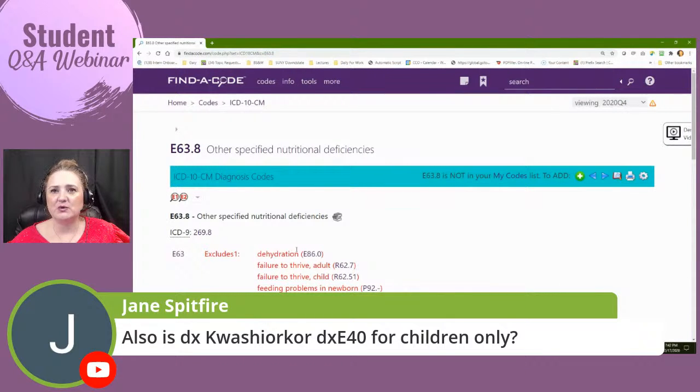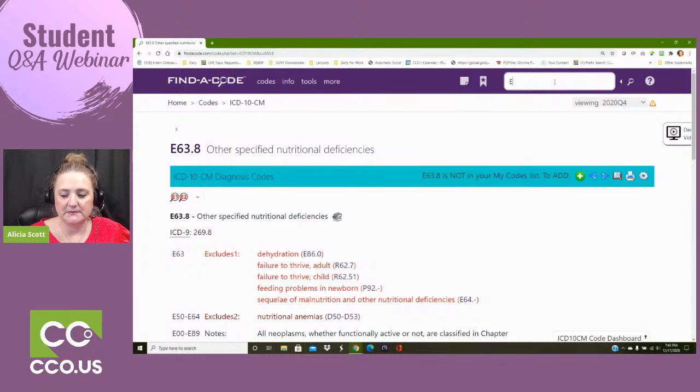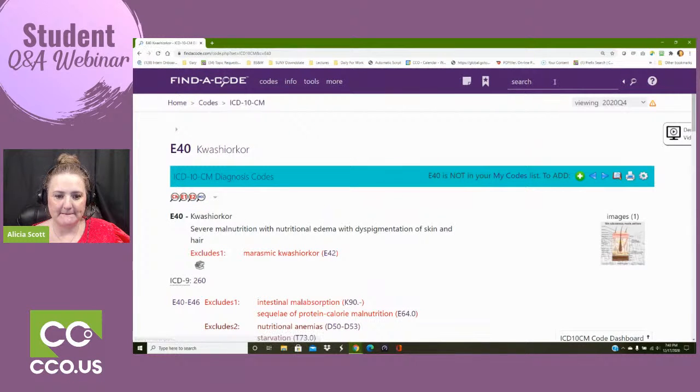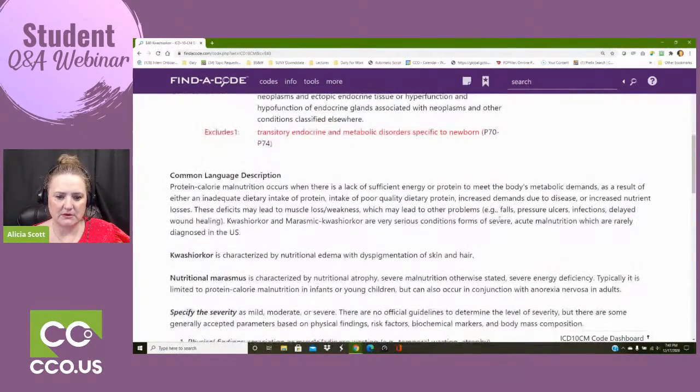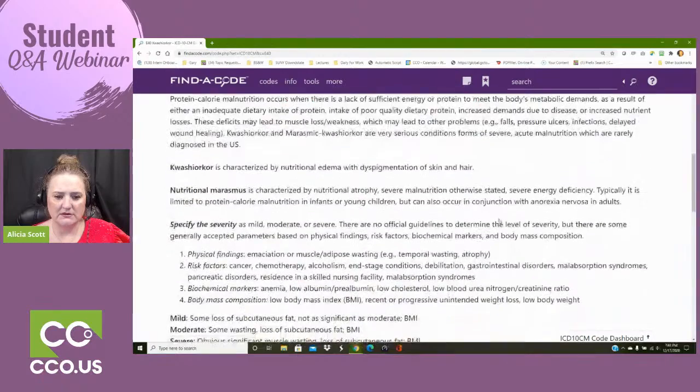So E40 for children only. Let me just go look. I don't have that one memorized. I don't think that's child only. Okay, so what I'm seeing, poor nutrition, mild.